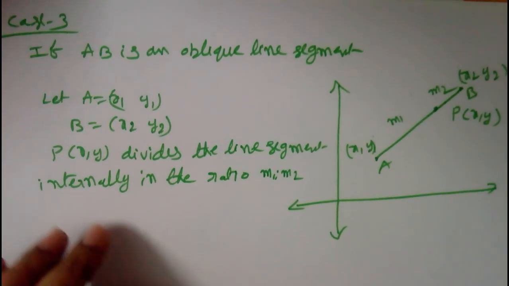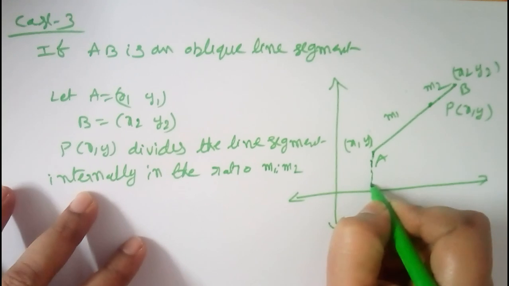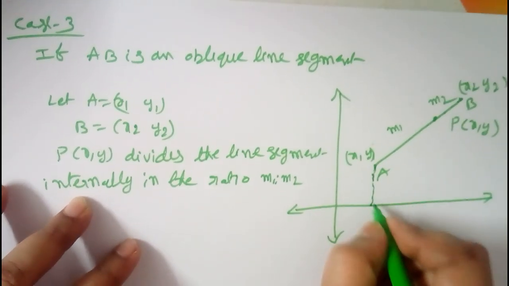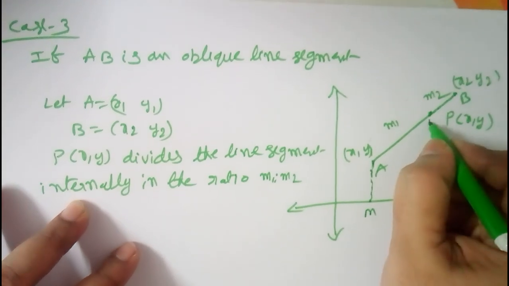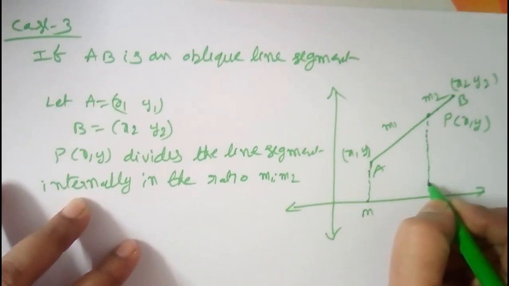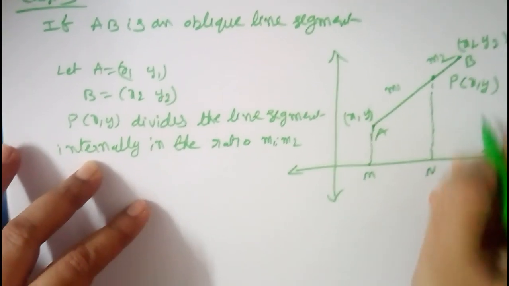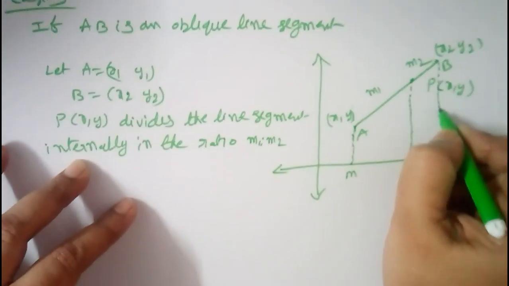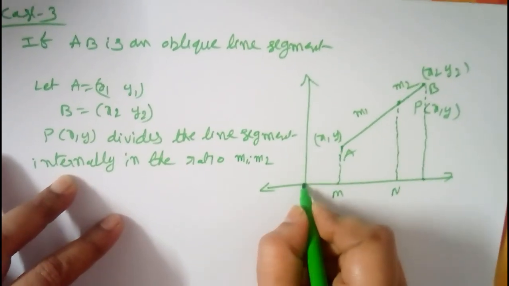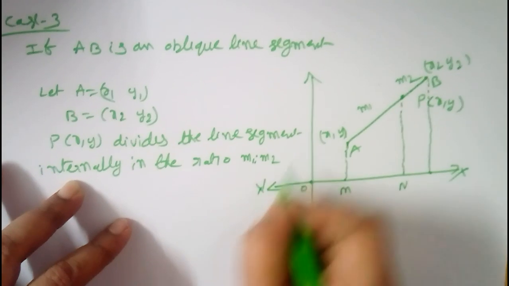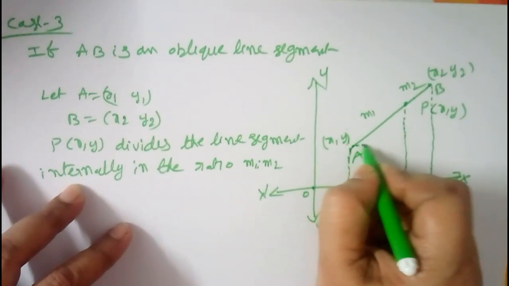So draw the perpendiculars from these points: M from point A, N from point P, and R from point B. Here is the origin, x-axis, y-axis. Now draw the perpendiculars here also.